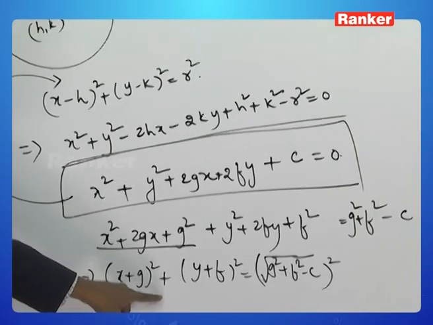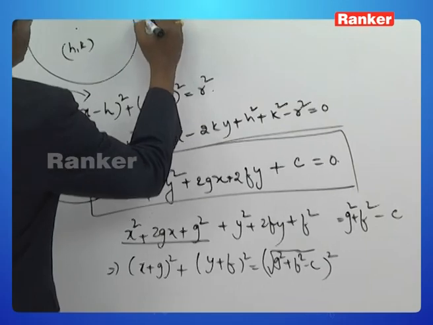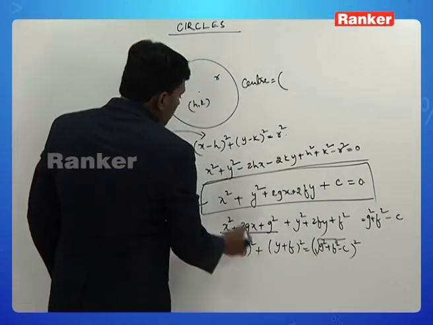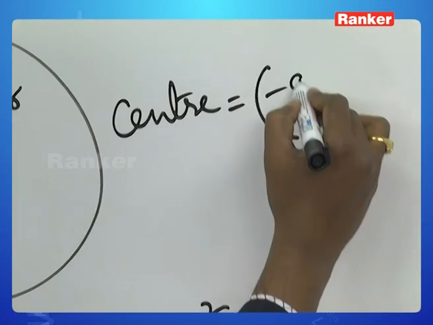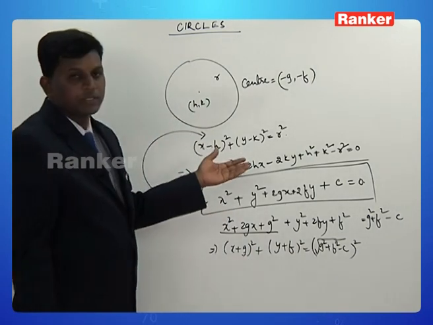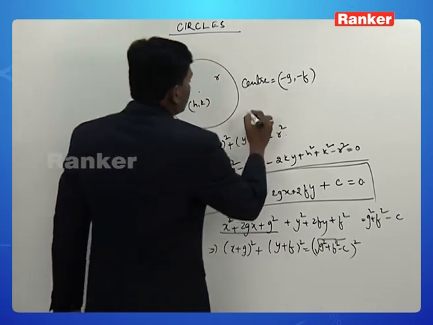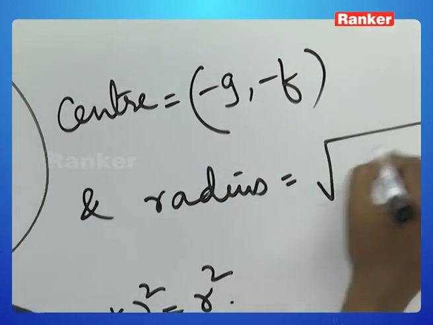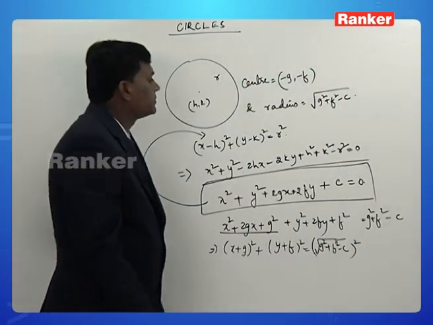Comparing this equation with the standard one, you get the center: x minus of minus g, so the center abscissa is minus g. Similarly, the ordinate is minus f. The center of this circle is (minus g, minus f), and the radius equals the square root of g square plus f square minus c.